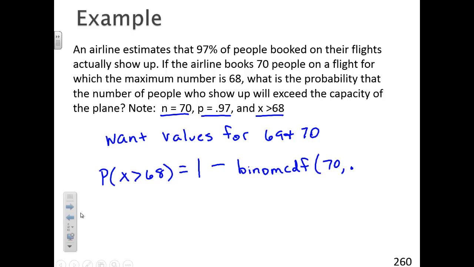Our probability value is 0.97. And we're asking it to add all the way up to 68 and subtract that from 1 so that it gives us the sum of 69 and 70. Okay? So that will be 0.375.